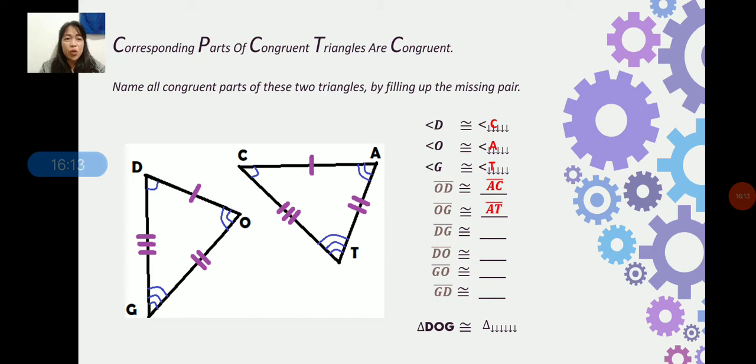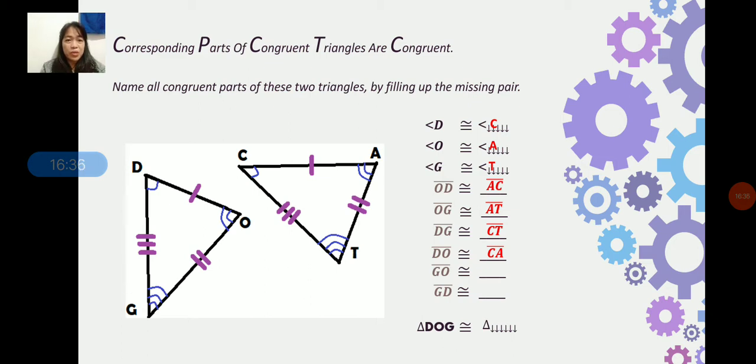And then OG should be congruent to AT. So what would be the other pair, DG congruent to CT? And then we have DO congruent to CA.